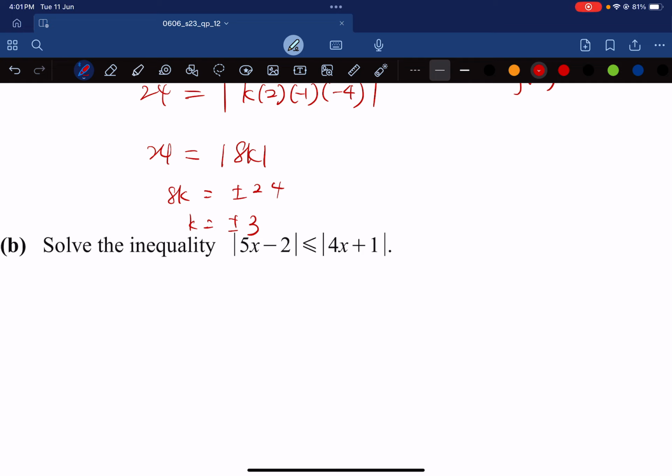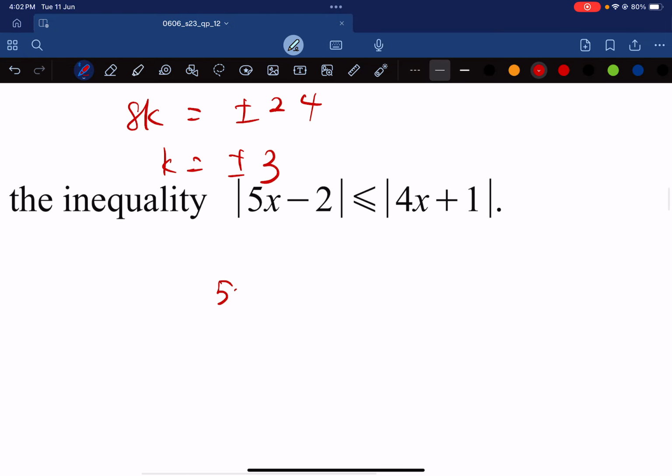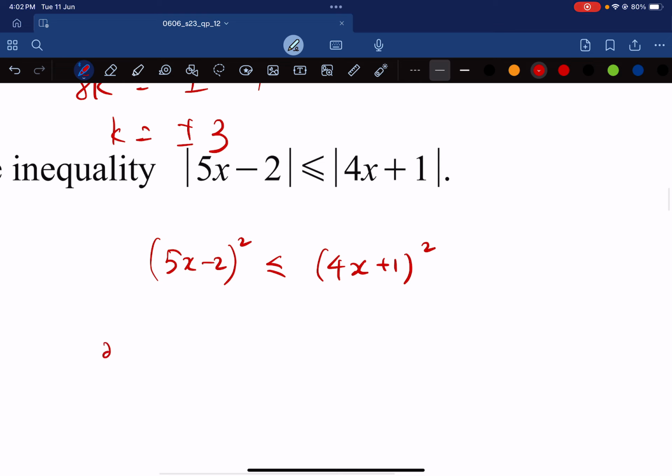Probably when you see modulus on both sides, the easiest way is to square both sides. After you square this, the modulus is gone. So (a minus b) squared is a squared minus 2ab, which is 20x, plus b squared, plus 4; a squared plus 2ab, 8x, plus b squared, 1.